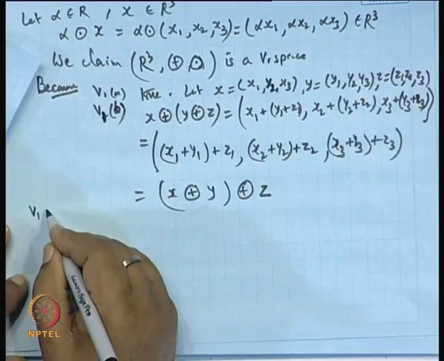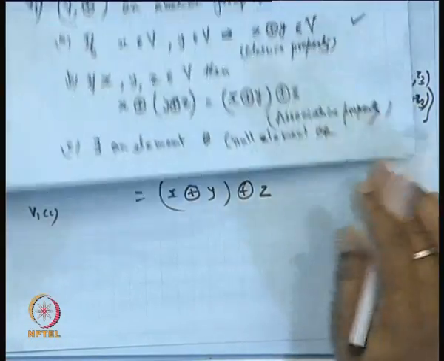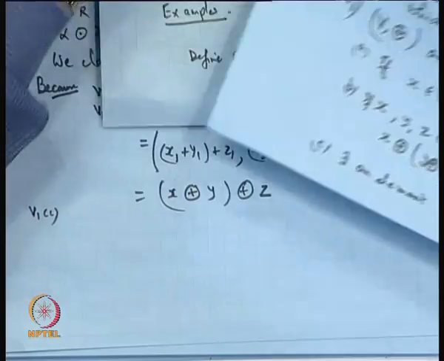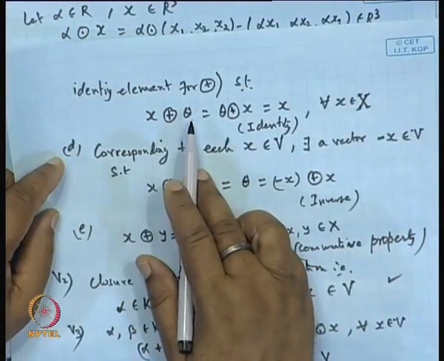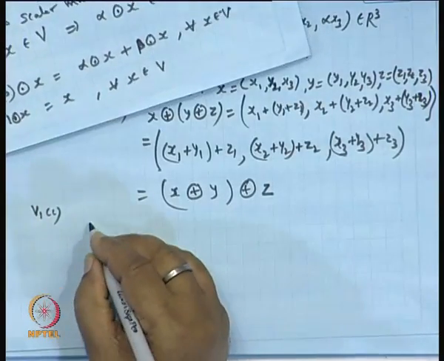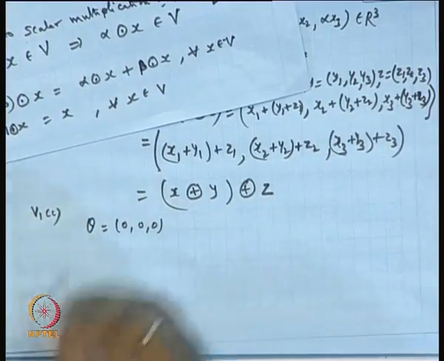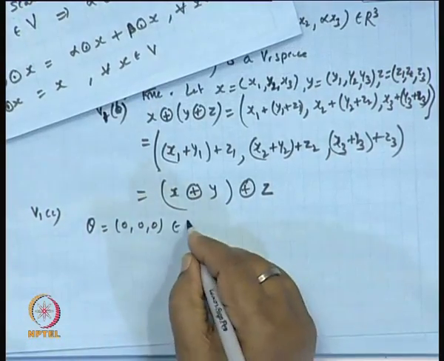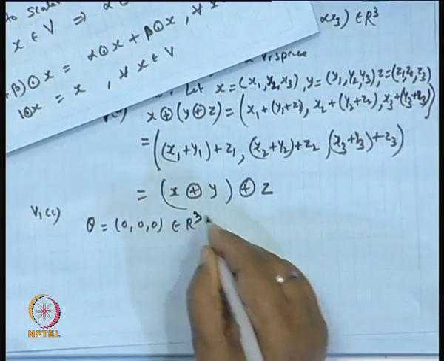Then V 1 C. V 1 C is: there exists a null element or an identity element which satisfies this condition, x plus theta is theta plus x, which is x. So, we claim if we take theta, the null element, as 0, 0, 0, which is in R 3, it satisfies the condition.